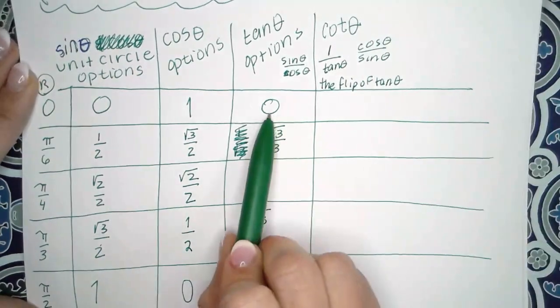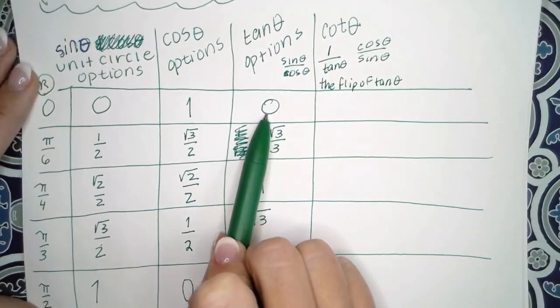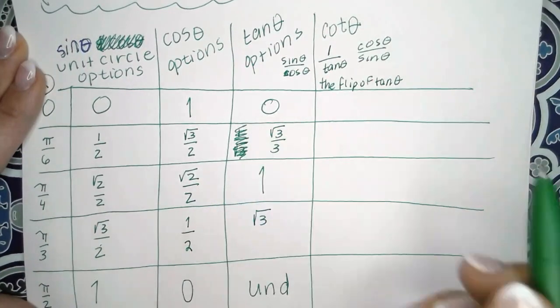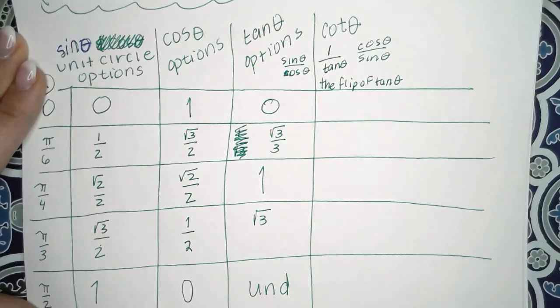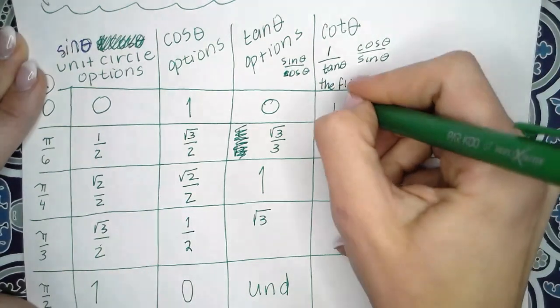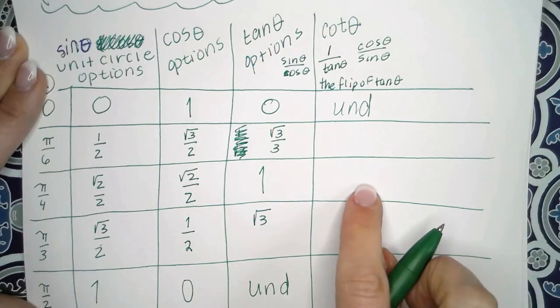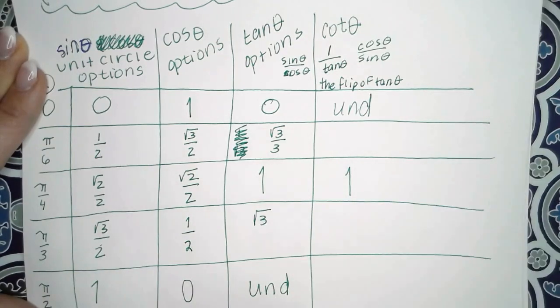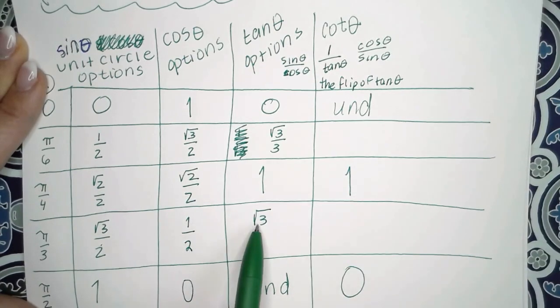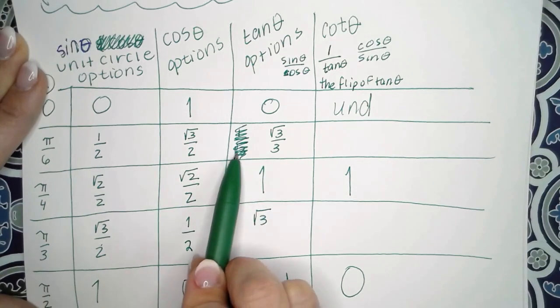Let's make our life easier and just flip the thing next to it. What's 0 flipped? 1 over 0. Undefined. What's 1 flipped? 1. What's undefined flipped? 0. Radical 3 flipped will become 1 over radical 3, which is really equal to what?